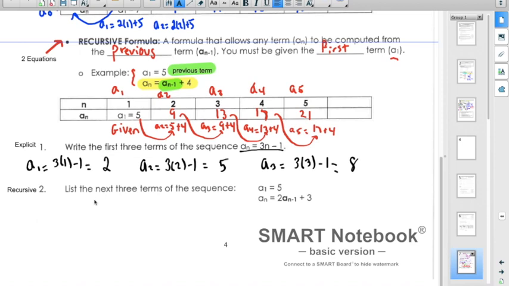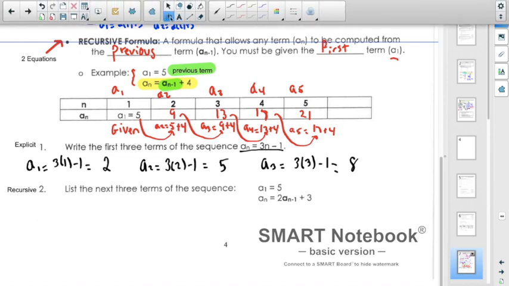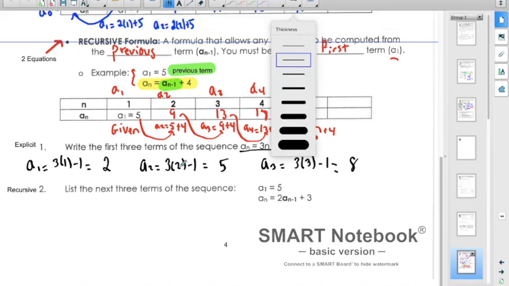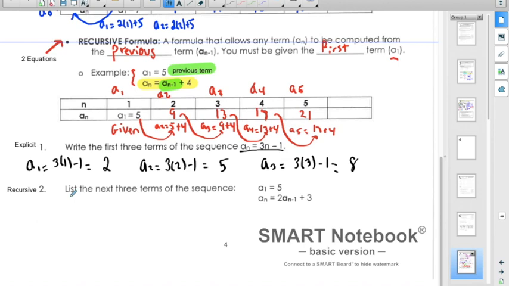It wants us to list the next 3 terms of this sequence. Right? Well, for recursive, it always gives us the first term. Right? We know that a sub 1 is given. It's 5. But we got to find a sub 2, a sub 3, a sub 4. Those would be the next 3.